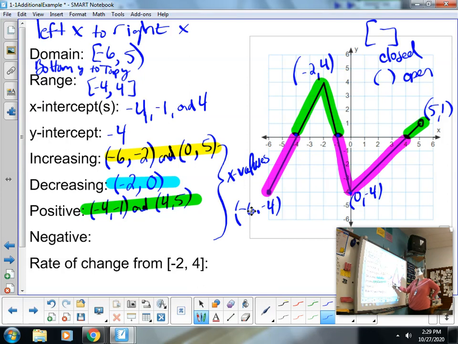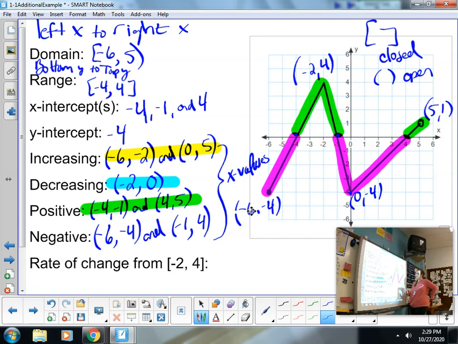So I'm starting at an x value of -6. And I'm done being negative at the x value of -4. So from -6 to -4, I am negative. I'm below the x-axis. We are also below the x-axis, starting at -1 and going the whole way over to +4.